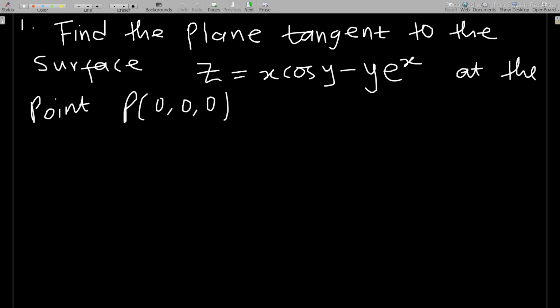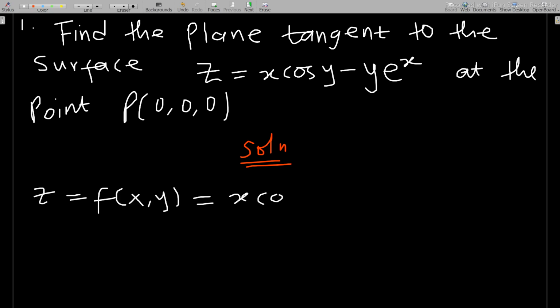Here we say z is equal to that, so we can represent z, which is a function of both x and y, by f of x, y. So z is equal to f of x, y, which is x cos y minus y e to the x.